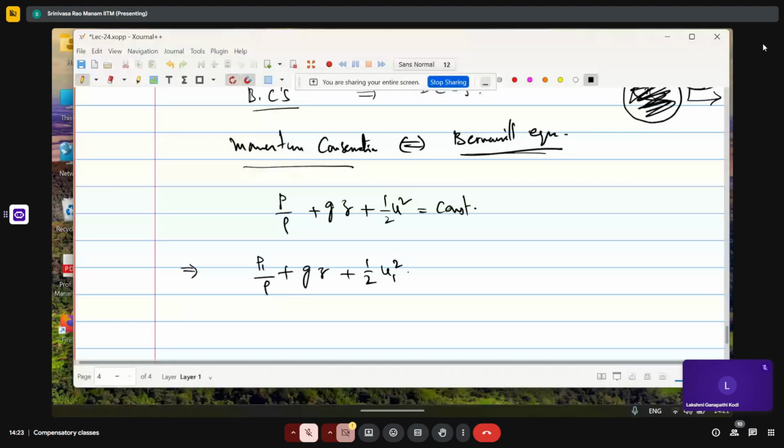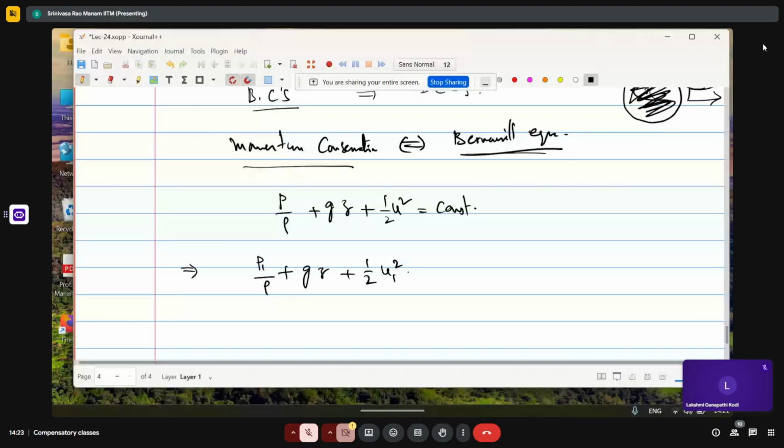U1 is basically the modulus, the magnitude, equal to the square root of UR squared plus U theta squared.